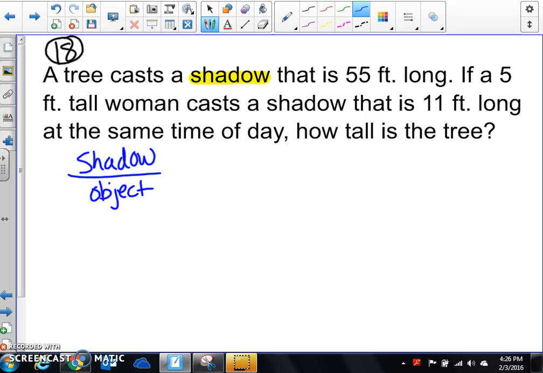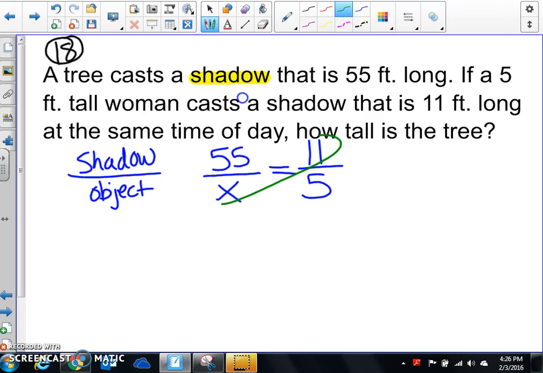So the first thing we're talking about is a tree. So a tree casts a shadow that is 55 feet. So the shadow is 55, so that's on top. We don't know how tall the tree is, so that's the X. A 5-foot woman, so the woman is not a shadow, she's an object, so 5 foot goes on the bottom, casts a shadow 11 feet, so shadow on top.